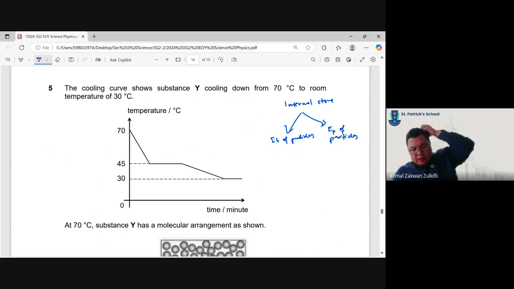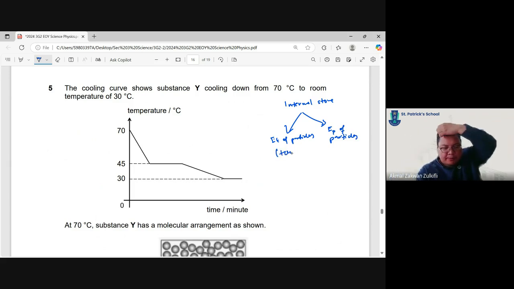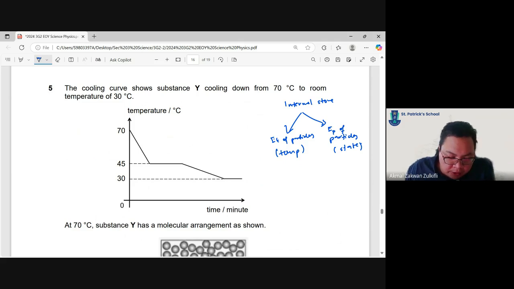The kinetic part is related to temperature, and the potential part is related to the state. Substance Y is cooling down from 70 degrees to a room temperature of 30 degrees. You know there is a change of state here, at constant temperature. I don't know which state, but there is a change of state here.